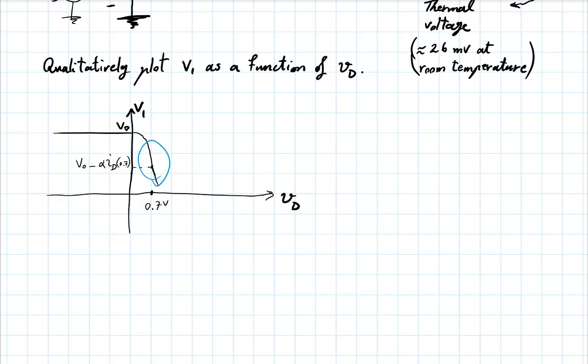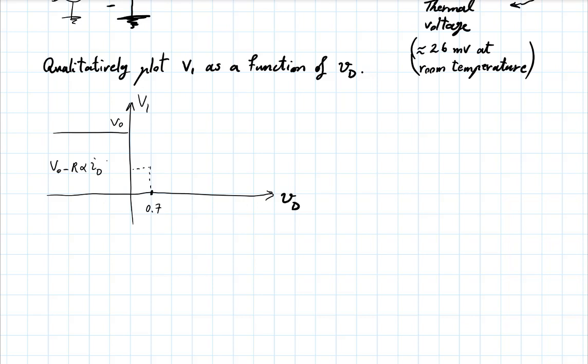So let's put things into perspective. I'm sorry, I forgot to include the resistor here. This is V1, was V0 all the way. And then if this was around 0.7 volts, at this point it was V0 minus R times alpha ID.